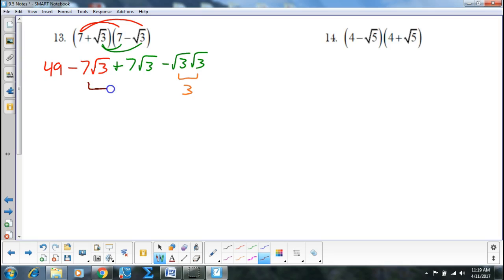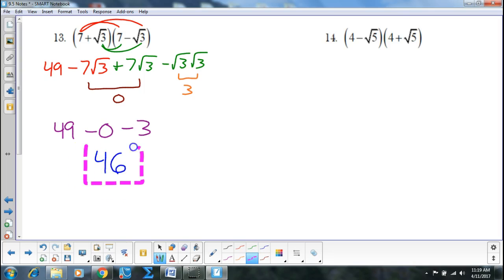These two make 0. So we get 49 minus 0 minus 3, which is, I get 46. Kind of cool that the radicals all went away.